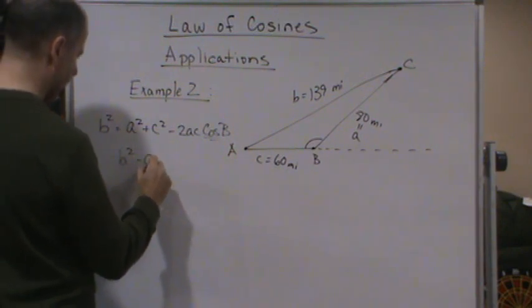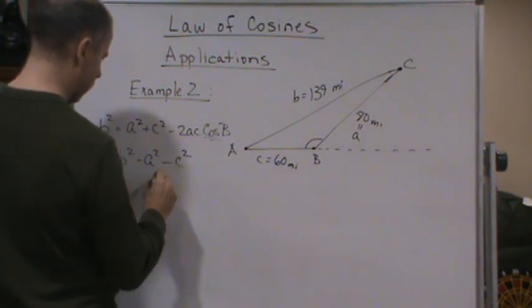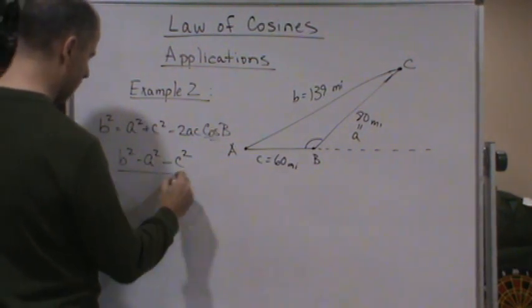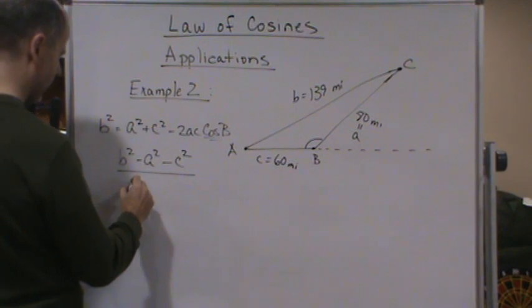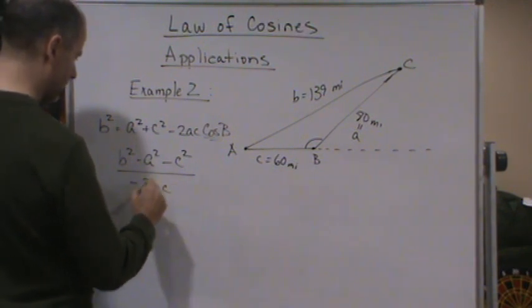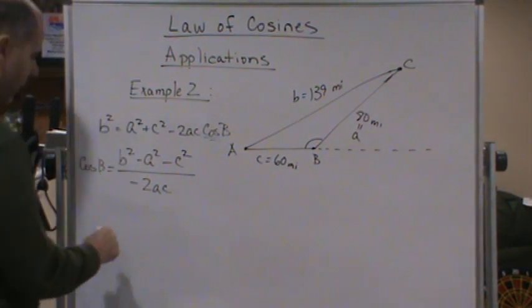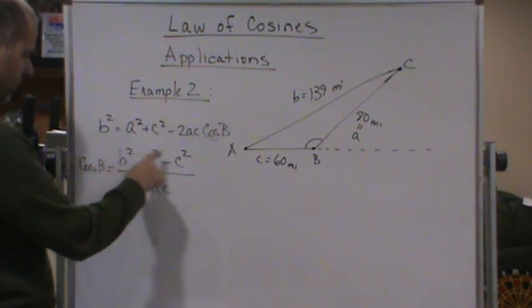B squared minus A squared minus C squared, right? Divided by negative 2AC is equal to cosine B. But then the negative sign switches the signs up here.